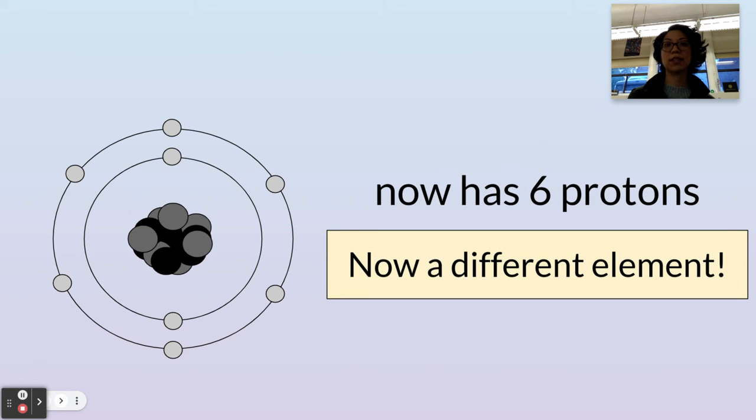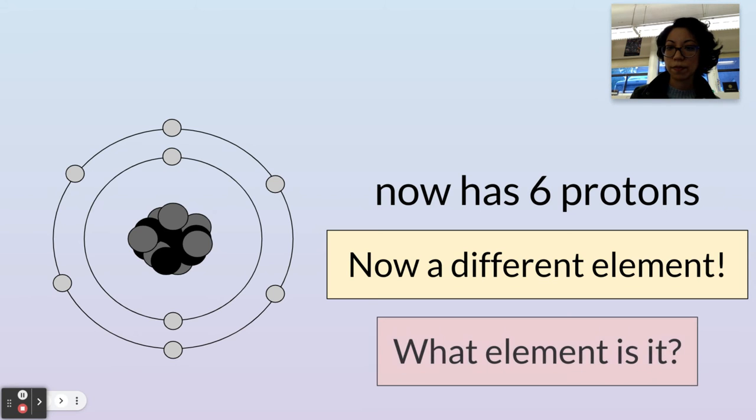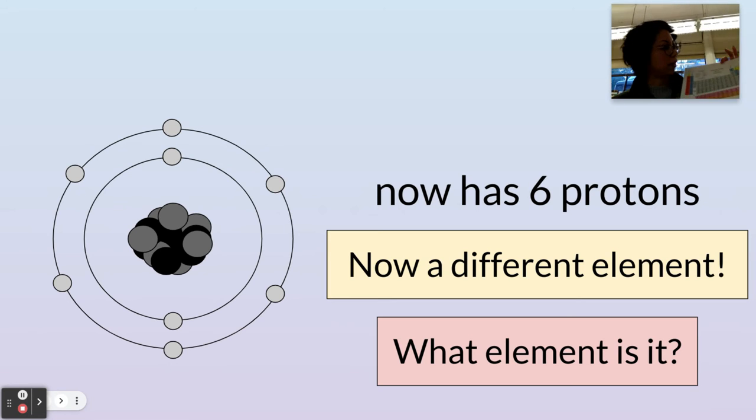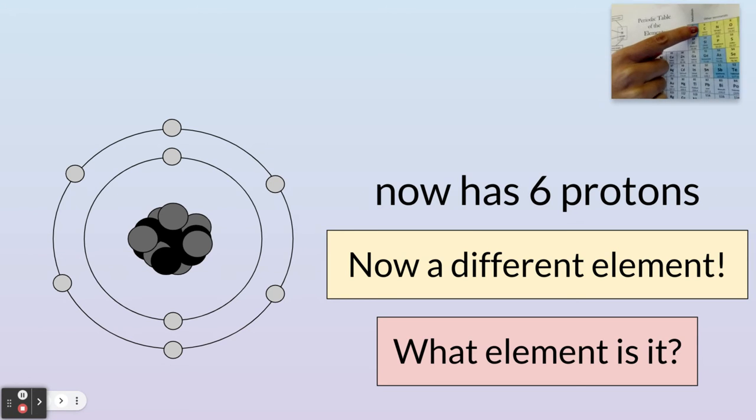So now it's a different element, right? Because remember, the number of protons determines which element an atom is. So it was oxygen. Now, if you had a periodic table, you'd be able to look at it and say, okay, it had 8 protons, now it has 6. Now it's carbon.